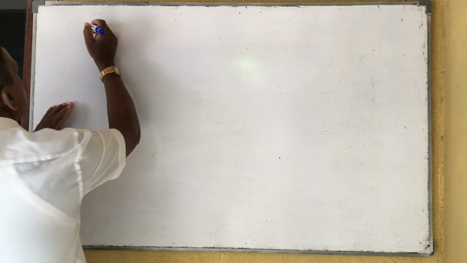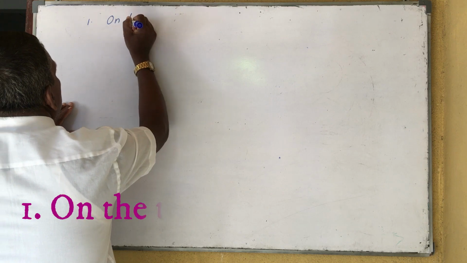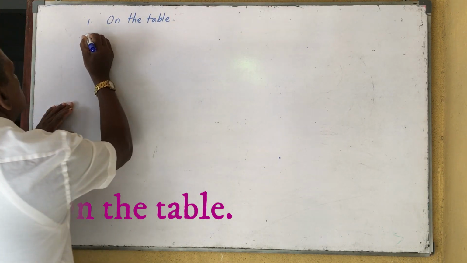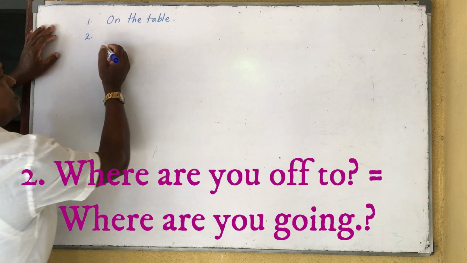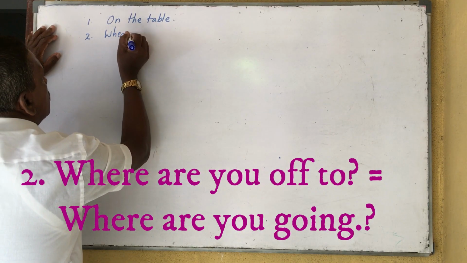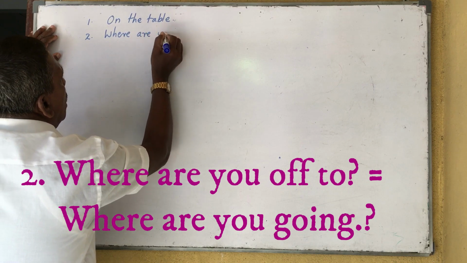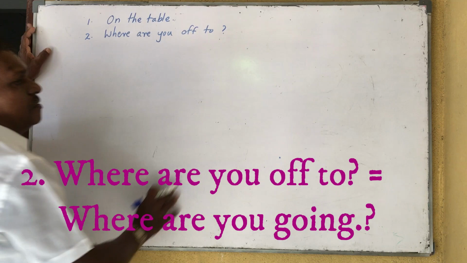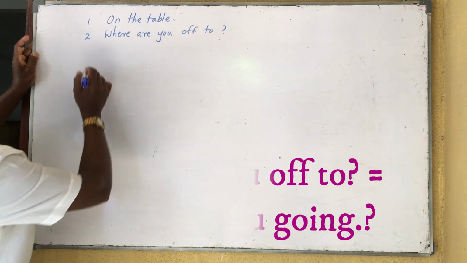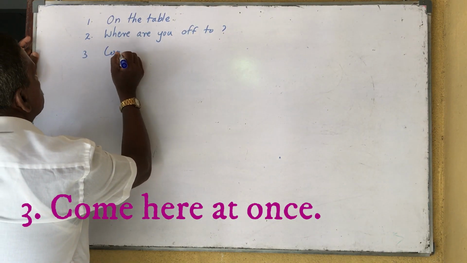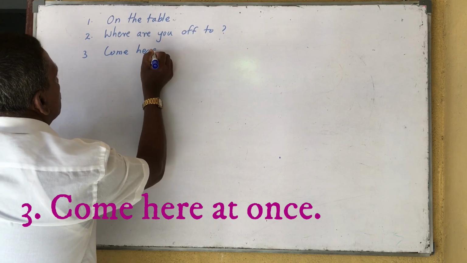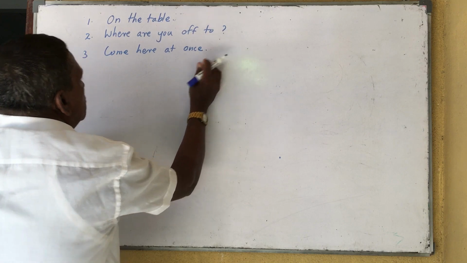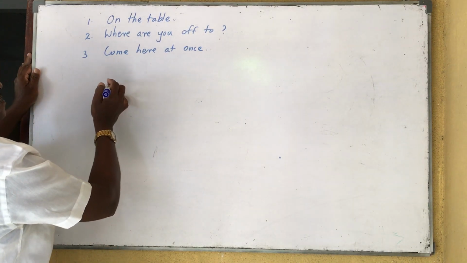First one, on the table. Second one, where are you off to? That means where are you going? Third one, come here at once. At once means without being any delay.